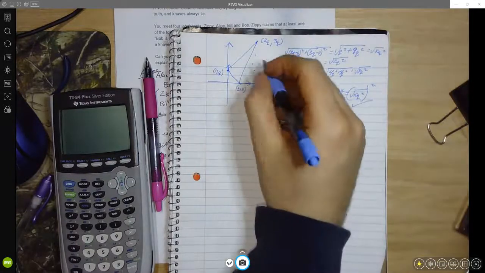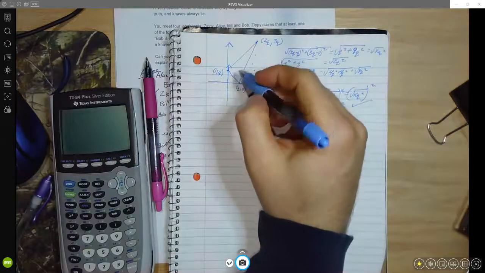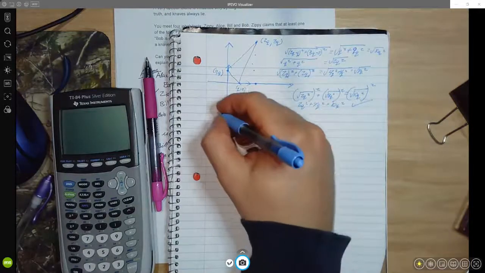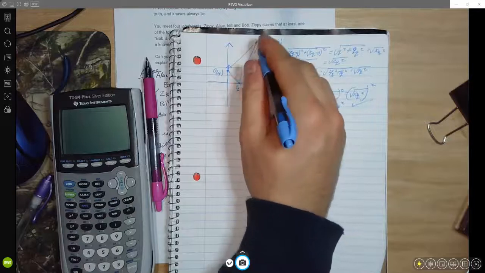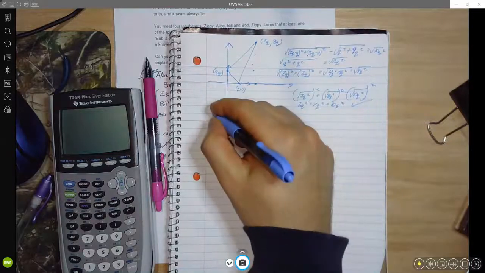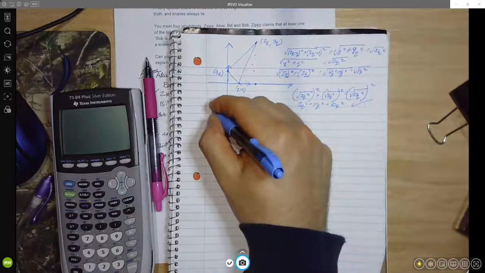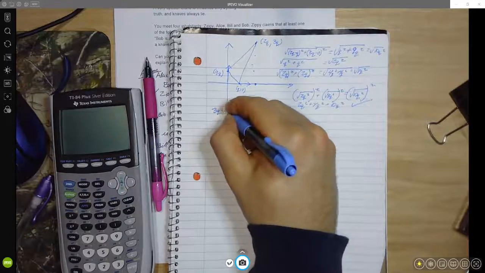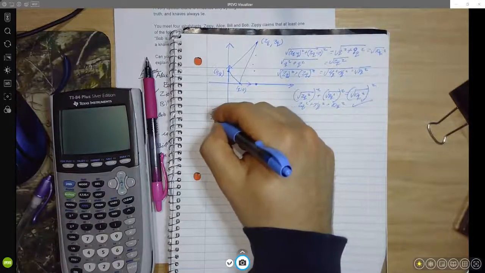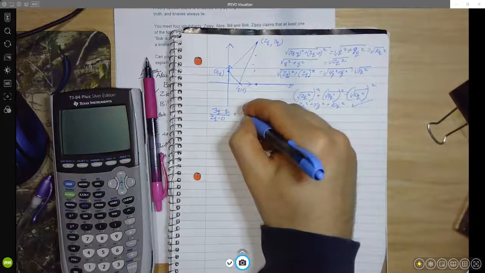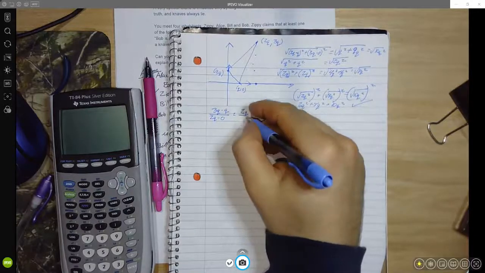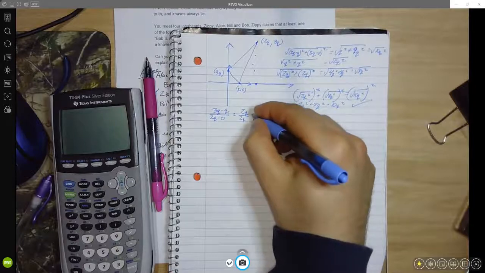The other way to do this is to use slope and show that the product of these slopes is -1. So if you do change in y over change in x here, you get 2q over 2q, which is 1.